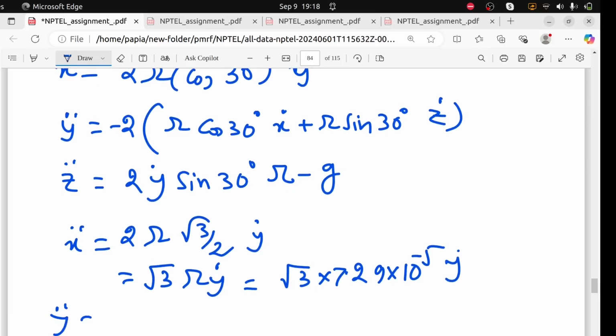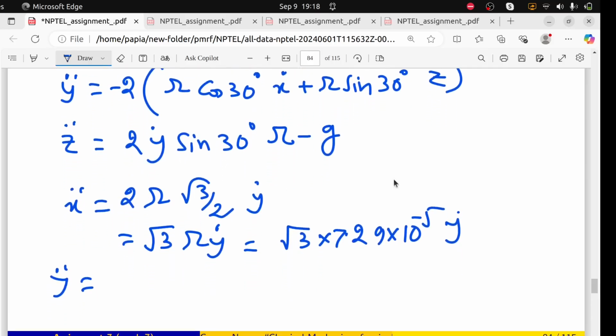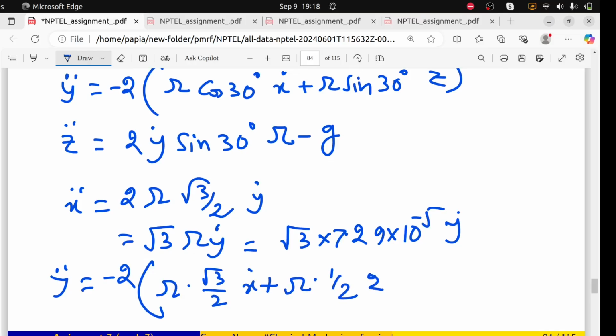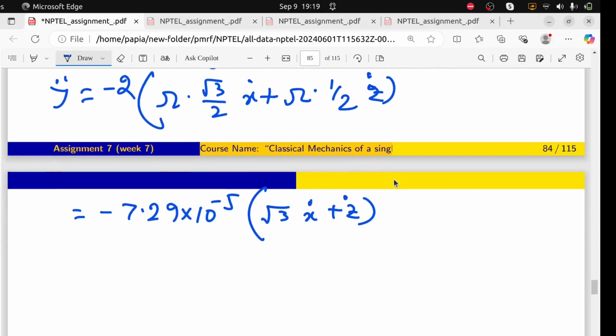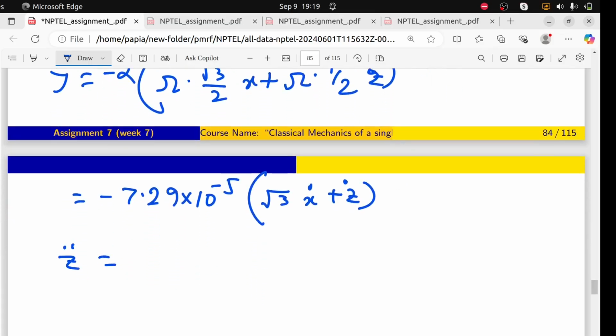Now y double dot is minus 2 omega root 3 by 2 x dot plus omega half z dot. So this is minus 7.29 into 10 to the power minus 5 times root 3 x dot plus z dot. And coming to the z double dot, it is 2 y dot sin 30 is half, omega minus g.